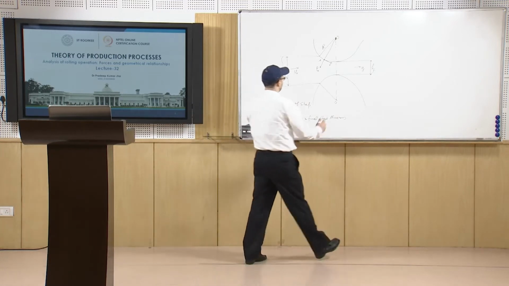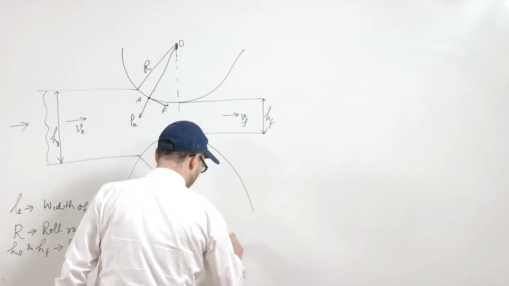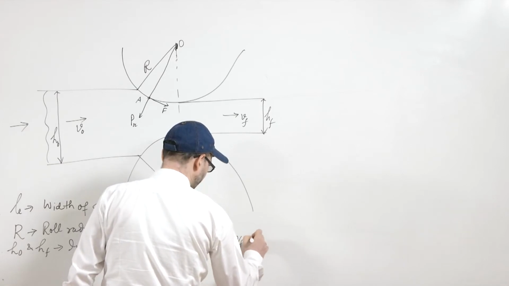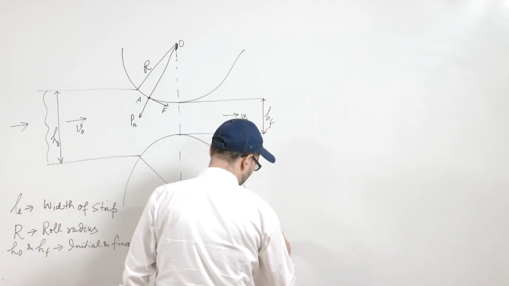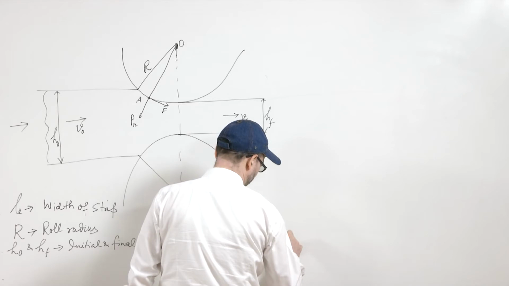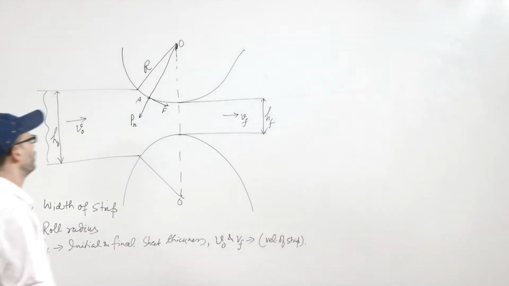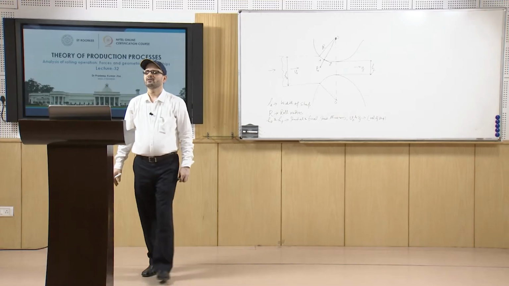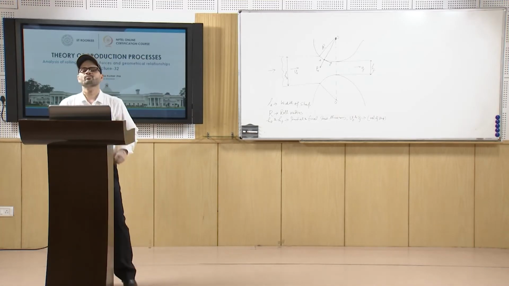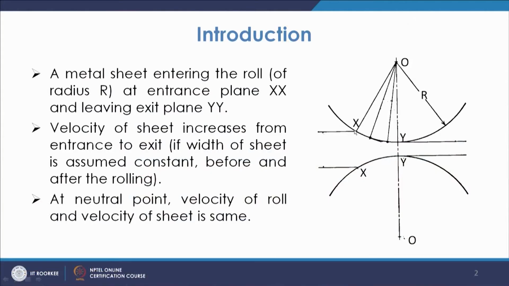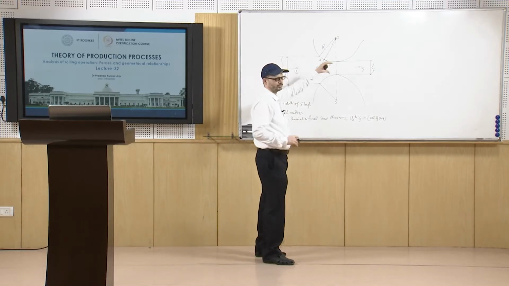Similarly, you have v naught and v f, which are the velocity of the strip before and after the rolling. So, when the strip is touching here, because of the frictional forces, it is able to go into it.